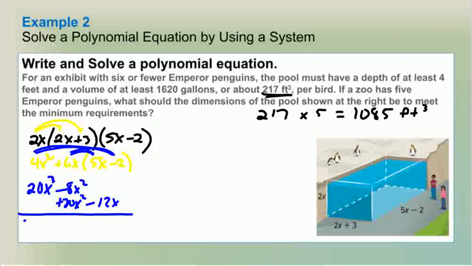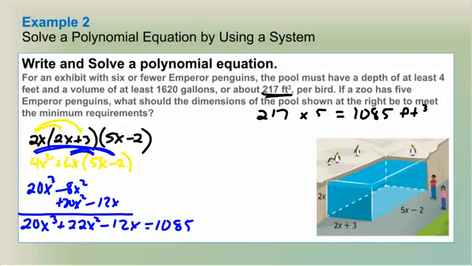Add straight down, I get 20x cubed plus 22x squared minus 12x. And this has to equal a volume of 1,085. So this is one side of the equation, and this is the other side.